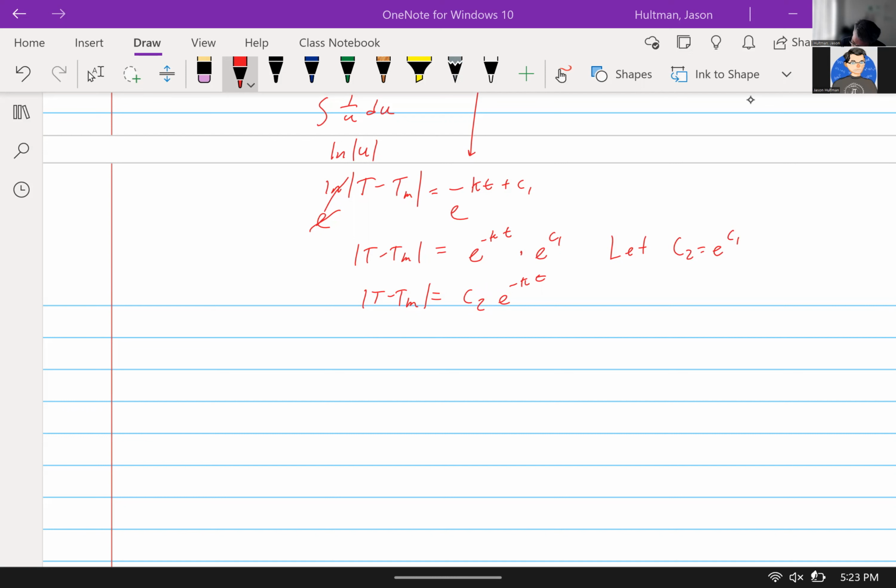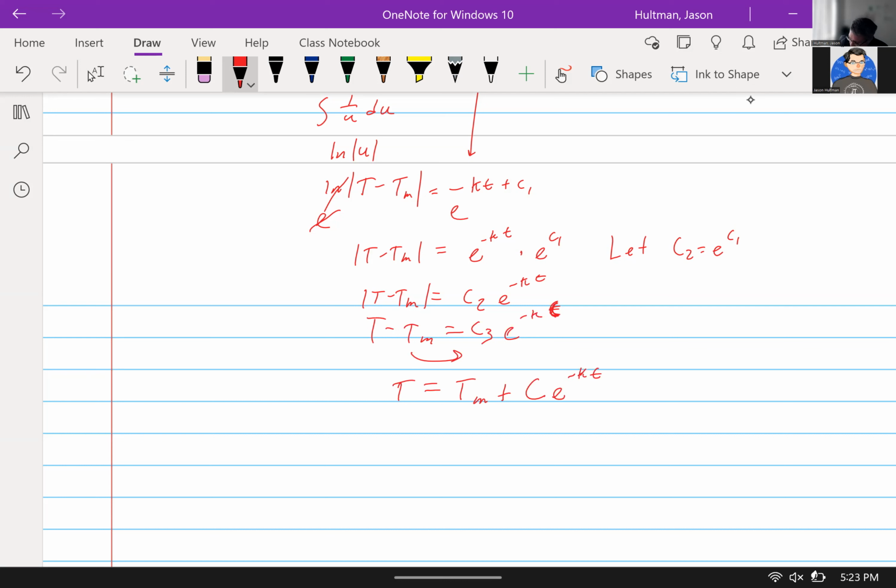So T minus Tm is equal to c3 e to the negative kt. And I can just generalize the c3, and I can toss Tm to the other side. So T is equal to Tm plus c e to the negative kt.